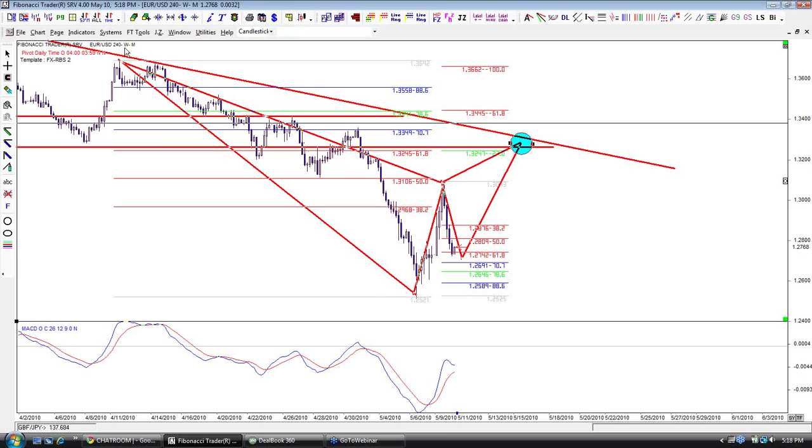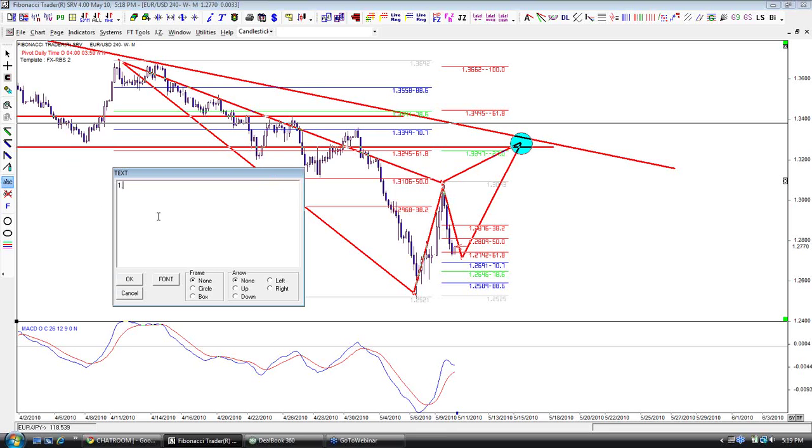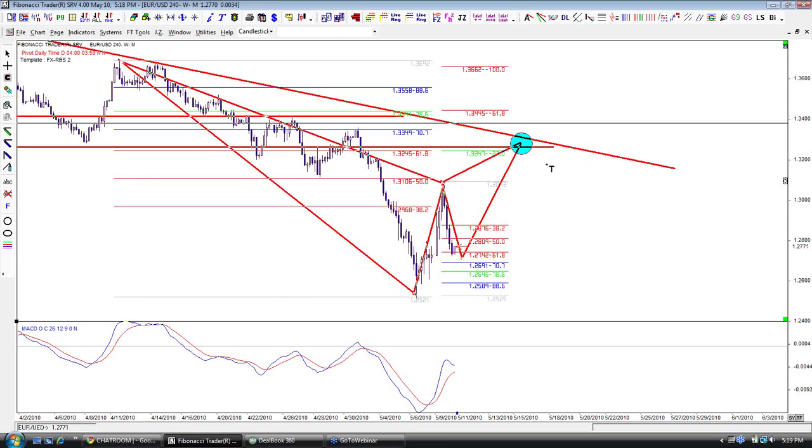We have the Gartley, we have the trend line, we have this past support becoming resistance. Now there is a lot of resistance around this level. So we'll mark 132.45 just to pay attention to this level.